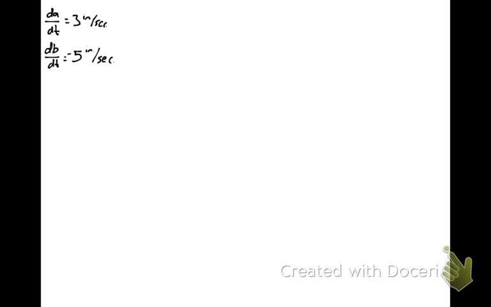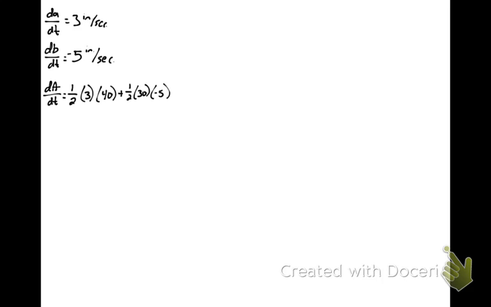So again, dA dt we know is equal to 1/2 dA dt, which in this case is 3, times b, which is 40, plus 1/2 times the length of a, which is 30, times dB dt, which is -5.